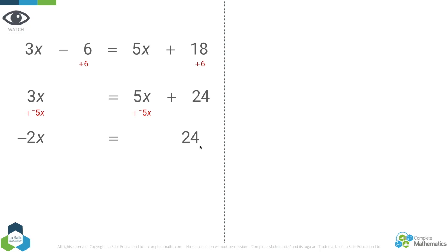Now, like before, we want to share it into two equal groups, and we want to deal with the negative at the same time. So what I can do is share it into two equal groups, which would be like multiplying by 1/2.